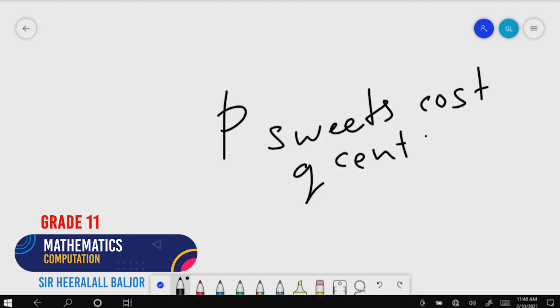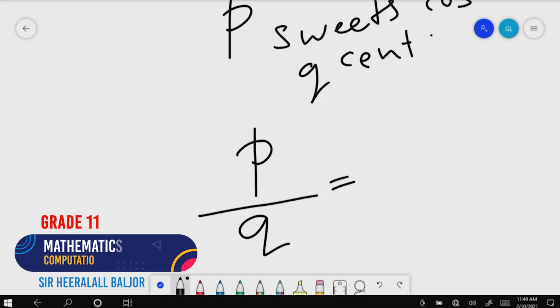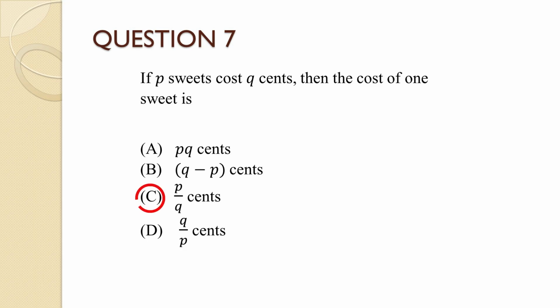Therefore, the cost of one sweet would have been, we take the cost, which is Q, divided by the number of sweets, which is P. So our solution for this question is Q divided by P cents, which is C.